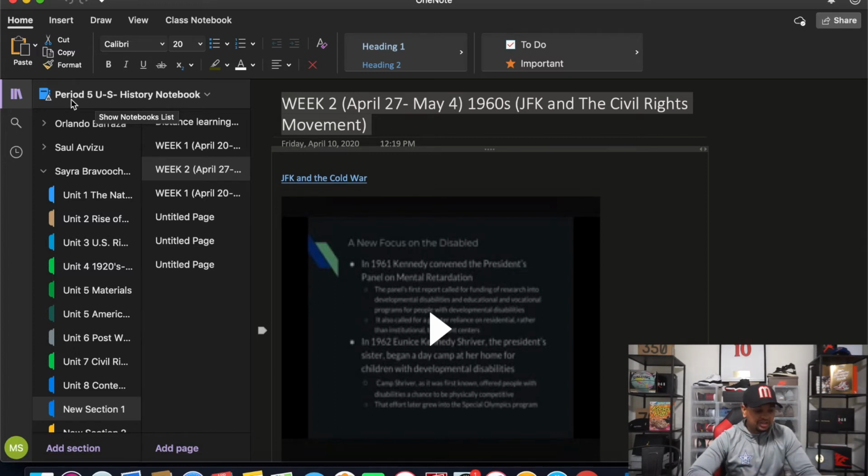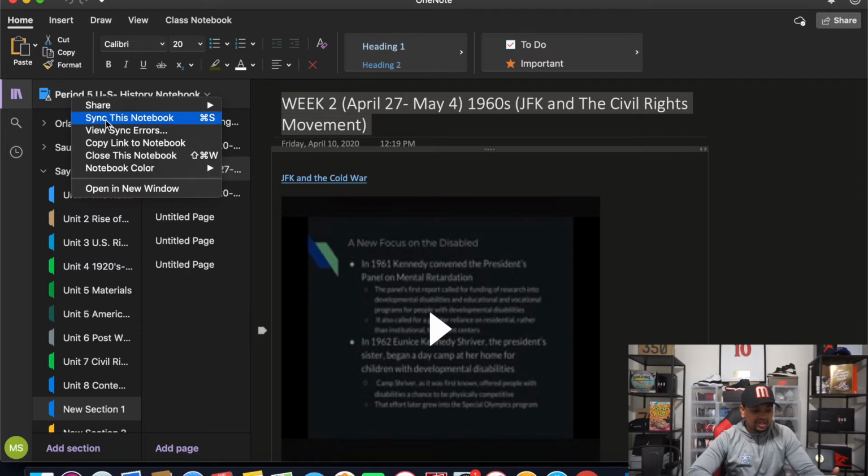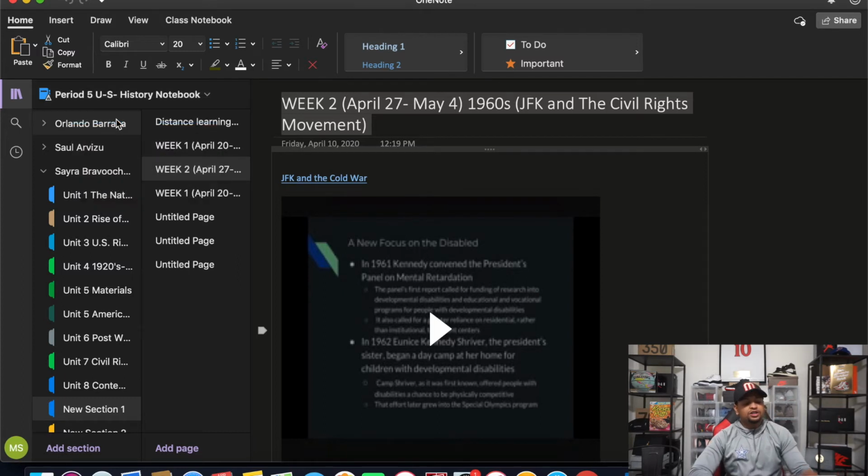To refresh it, you right click, and there's an option called sync this notebook. Click it, and the symbol should change to this recycling sign. That means it's syncing. Once the recycling sign goes away and all you see is the blue notebook, you're good to go. Your notebook should be refreshed. If you don't see your work after the symbol goes away, then you have an issue, and you can reach out to me and I can help you out.